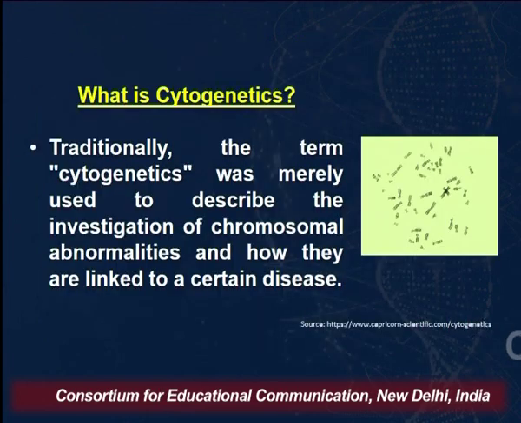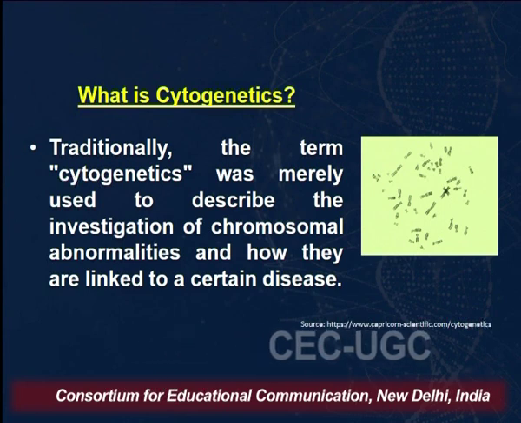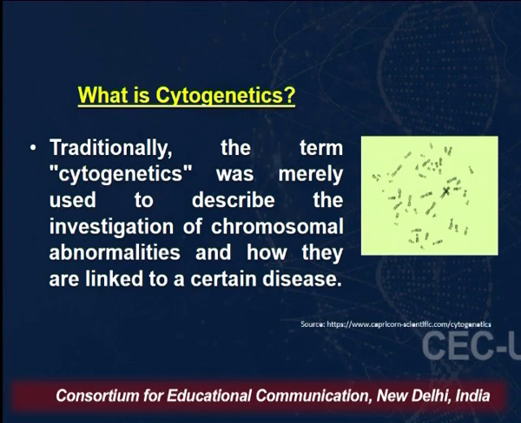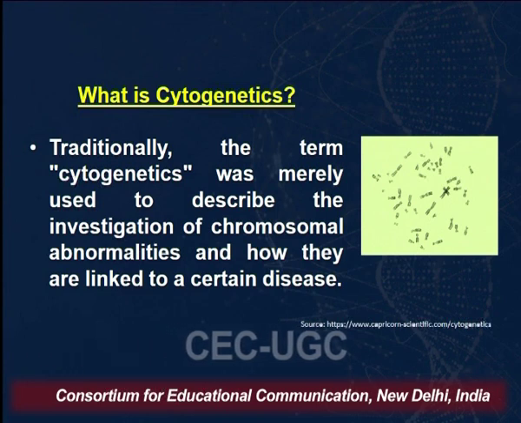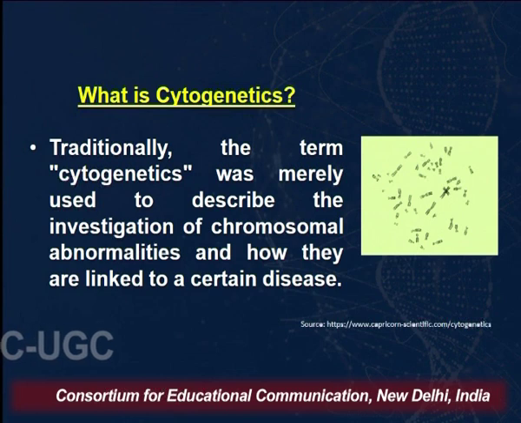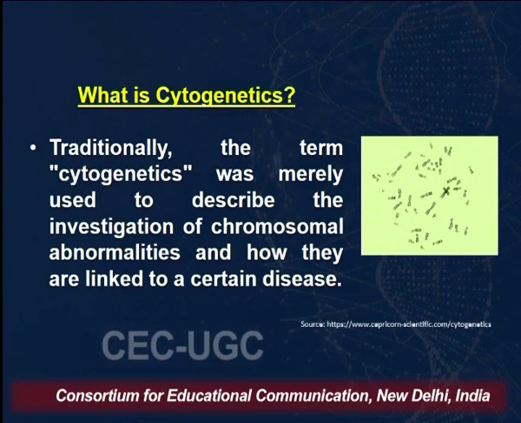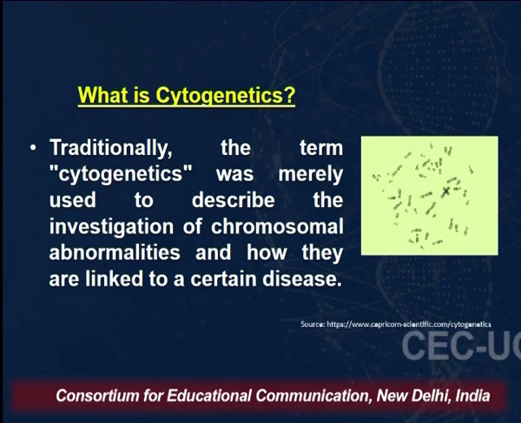Now, with the help of understanding these particular chromosomes, a study came up which was called cytogenetics. So, cyto means coloration and genetics means understanding the genetic information and the main sources of this genetic information present within the body: genes, chromosomes and these things. Now, traditionally the term cytogenetics was merely used to describe the investigation of chromosomal abnormalities and how they are linked to certain diseases.